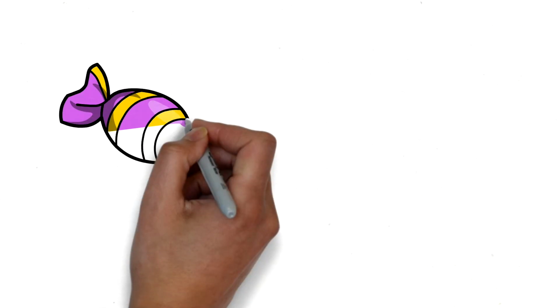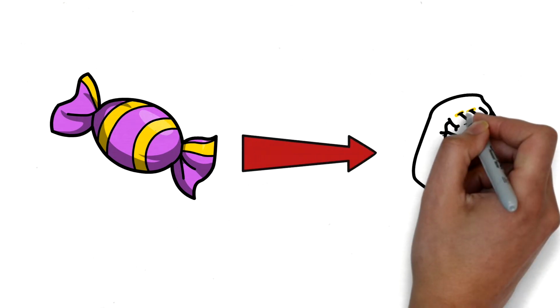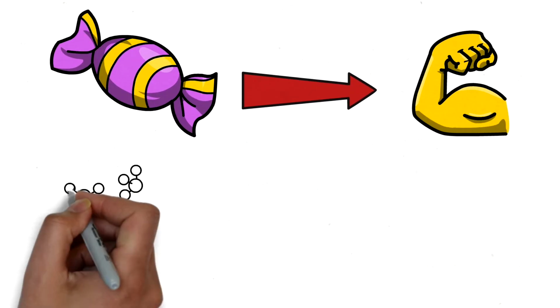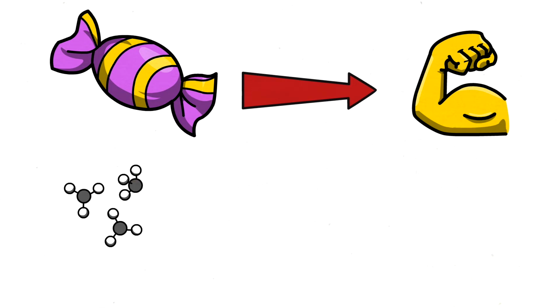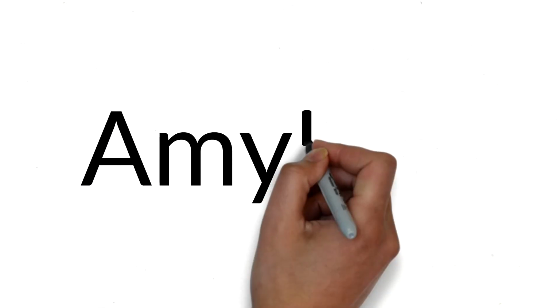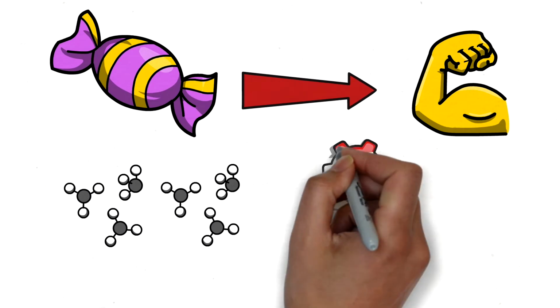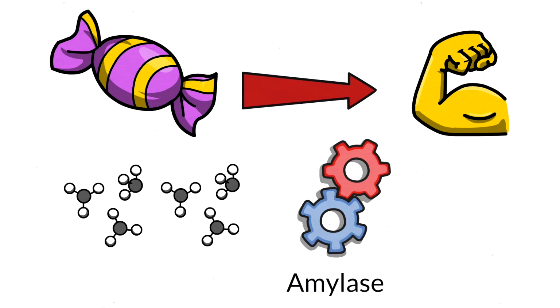Let's assume you purchase a candy, and while you're chewing it you wonder, how does this turn into energy? The candy you just ate can be represented as a big chunk of sugar, a molecule complex in form. As soon as you start chewing the candy, the enzymes within your saliva, specifically amylase, start breaking down the complicated sugar structure, aiming to produce a more simplified and digestible form, known as glucose.